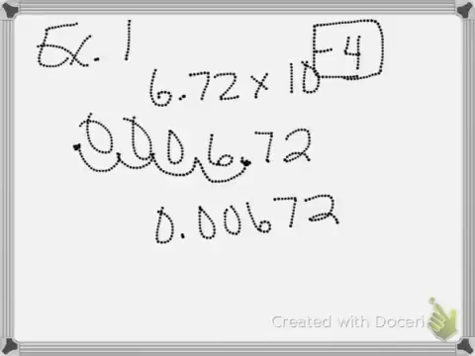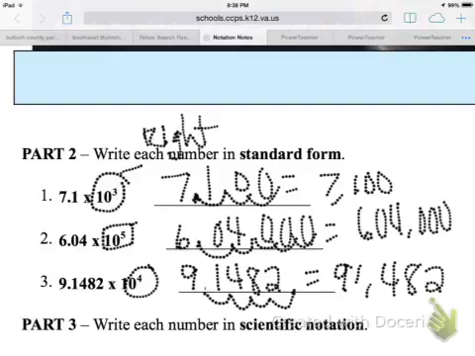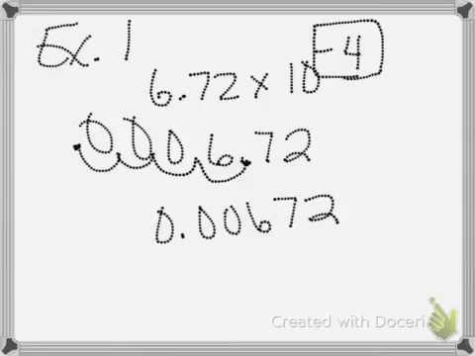Now, let's look at this. You'll notice that when my exponent was negative, my number turned out to be a decimal. If we go back again to our examples, these powers of 10, their exponent was positive, and these numbers end up being greater than 1. This goes back to last week when we did properties of exponents.